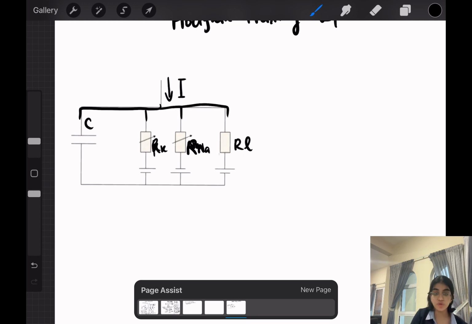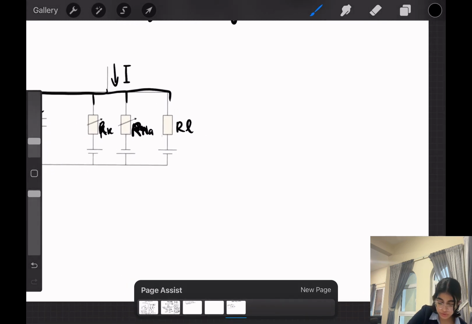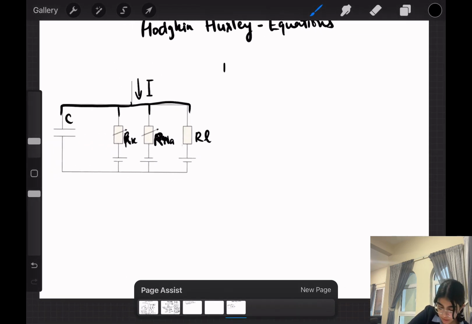So to find the total amount of current, we need to use the formula IT equals IC plus IK plus INa plus IL. And we have already discussed how to find IC.